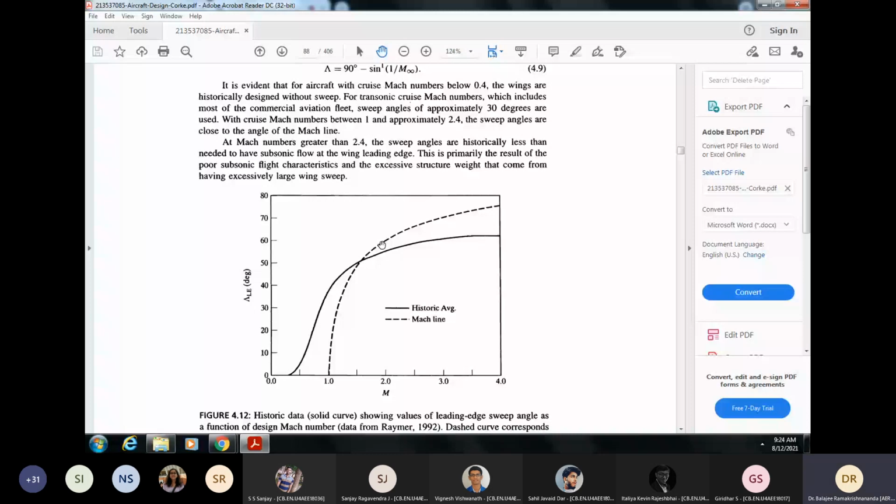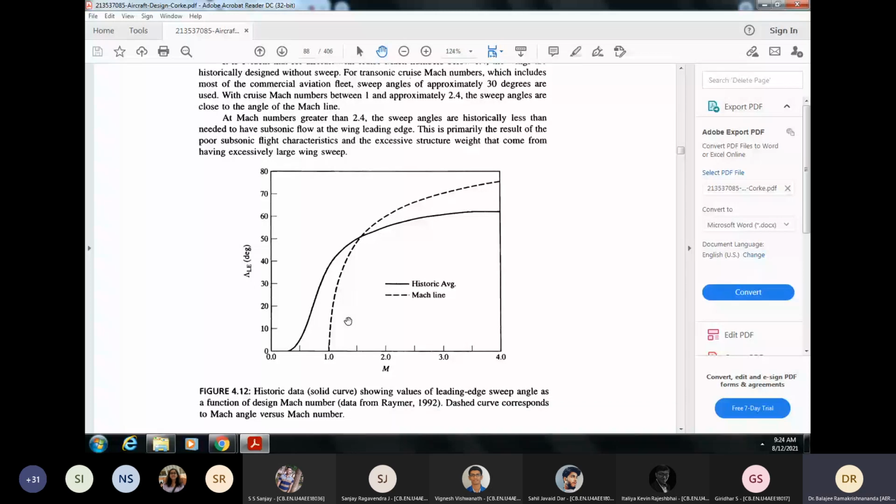If you give a sweep less than that, for example, only 50 degrees, you have heard of the Mach cone?